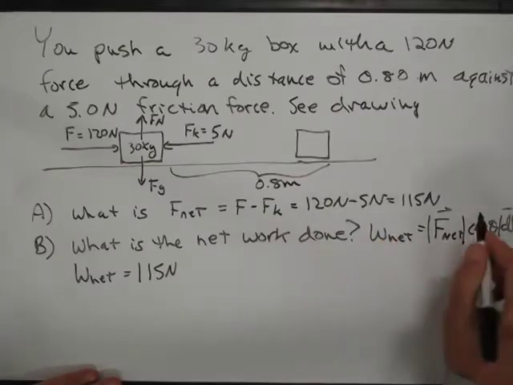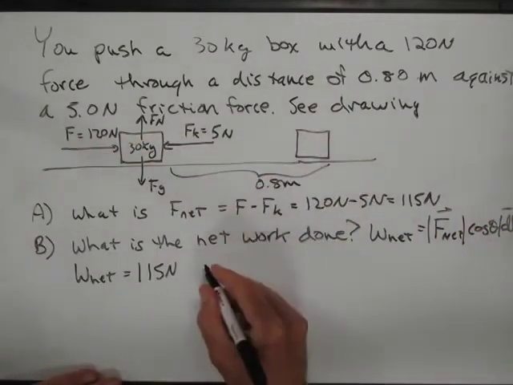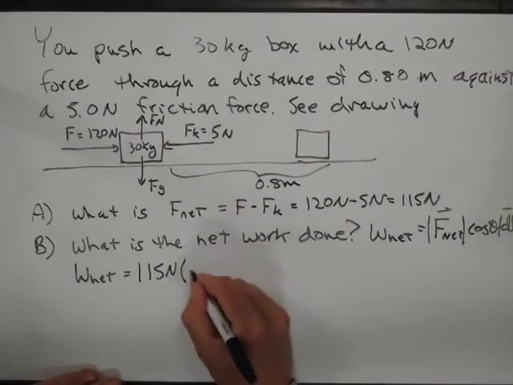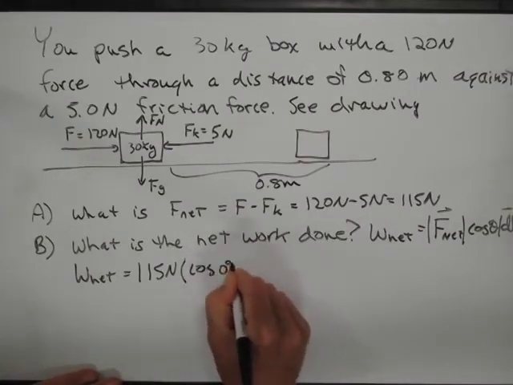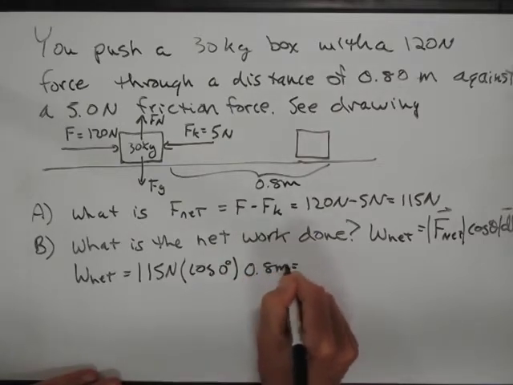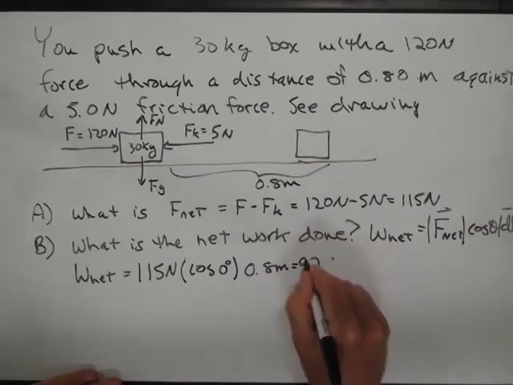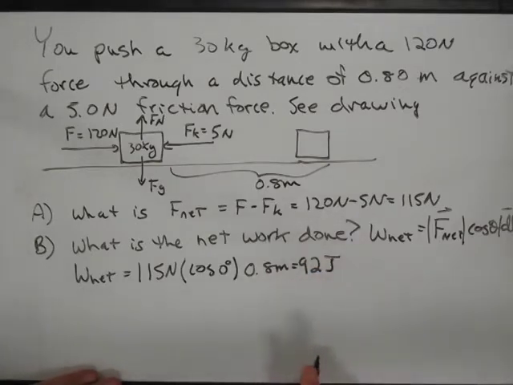Cosine of theta, theta is 0 in this case because the force is going that way and the distance is going that way. So times the cosine of 0 degrees times 0.8 meters, which is about 92 joules, something like that.